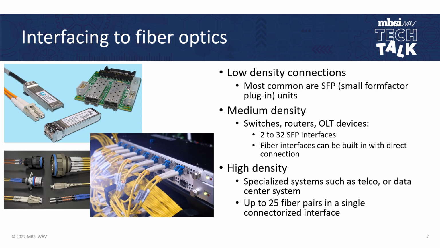Plug an SFP in, plug the fiber into the SFP with the LC connectors, and away we go. But in the data center world, we might need much more density than that. And so we have up to 25 fiber pairs that can be located in a single connectorized interface.